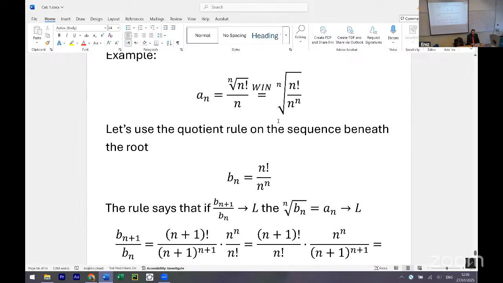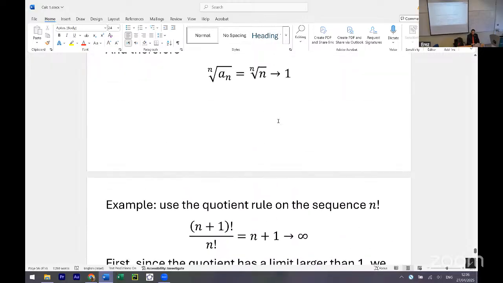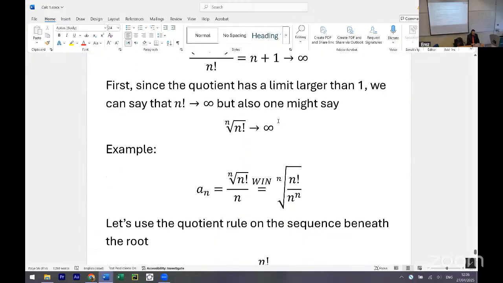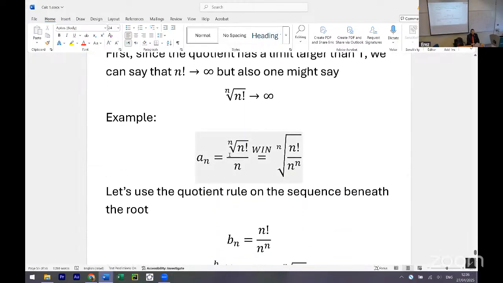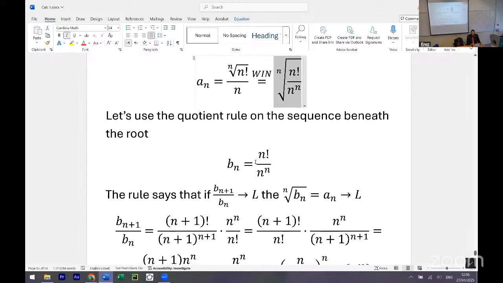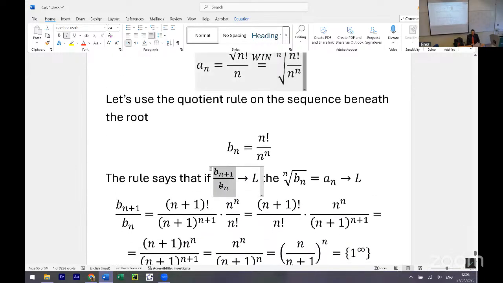We asked last time about limits. Where is the question? Oh, this is the question. We asked about the limit of the n-th root of n factorial over n, which I changed into the n-th root of n factorial over n to the power of n, to use the quotient rule.